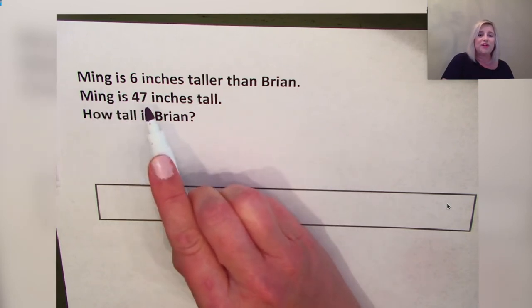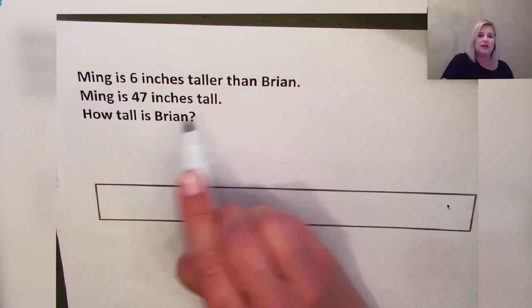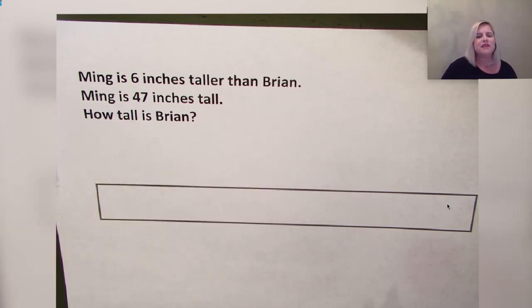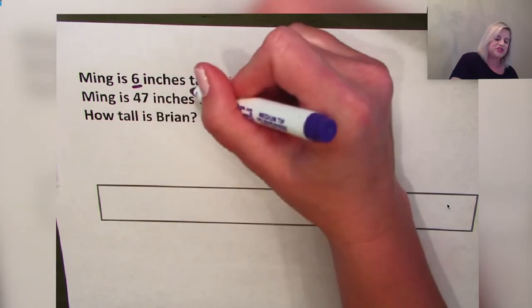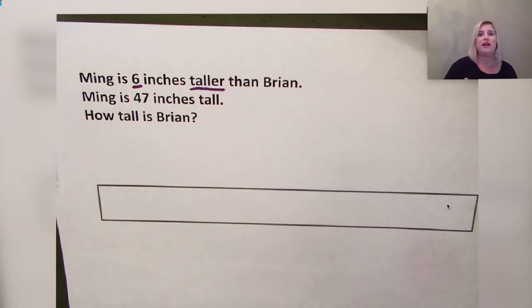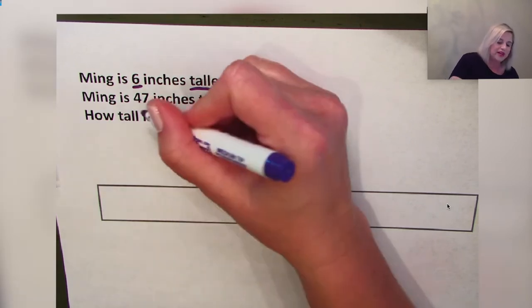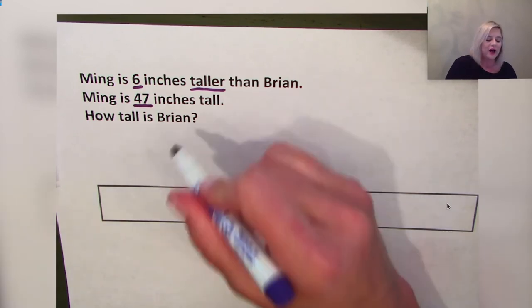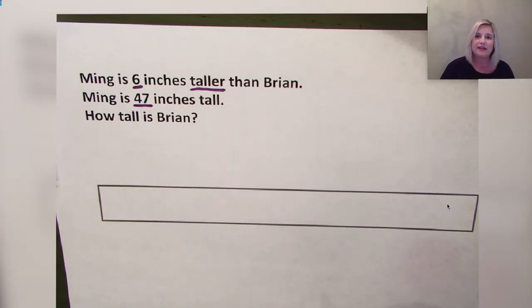Ming is 47 inches tall. How tall is Brian? So I see the problem tells me that Ming is 6 inches taller than Brian, and Ming is 47 inches tall. I'm trying to solve how tall is Brian.